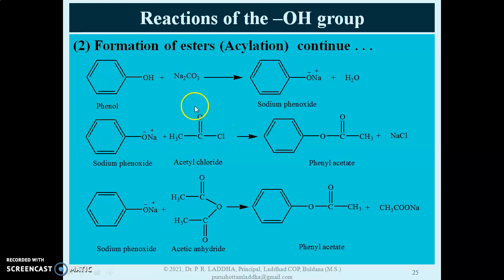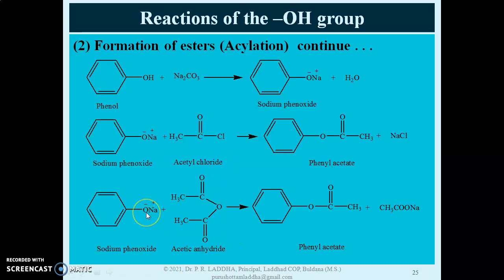Instead of acid chloride, the sodium phenoxide obtained in the first step by the reaction between phenol and sodium carbonate can be treated with acetic anhydride.